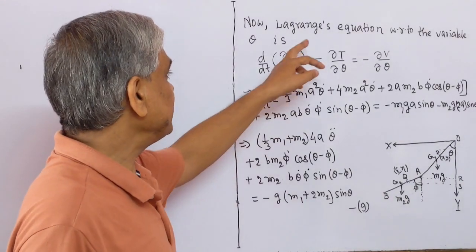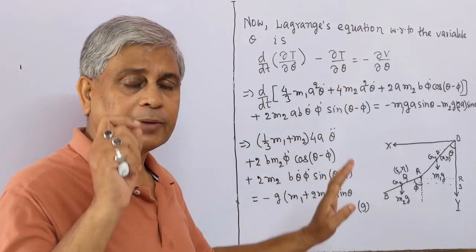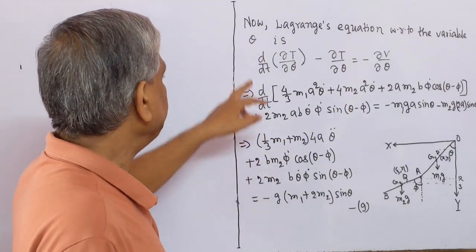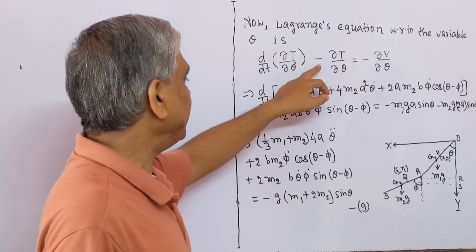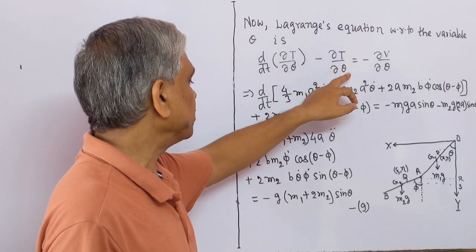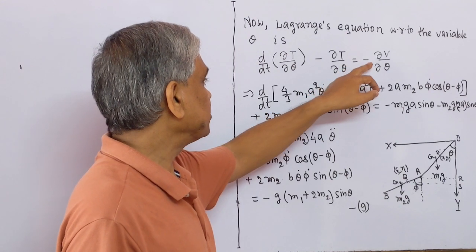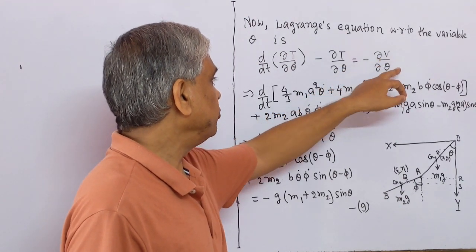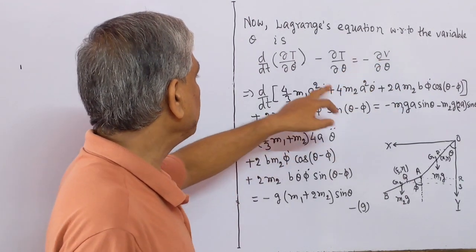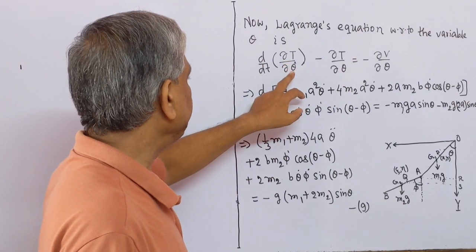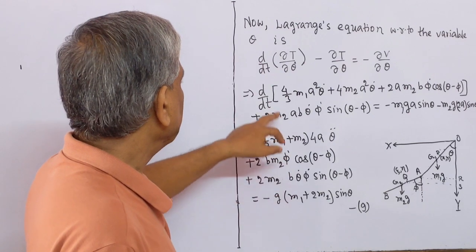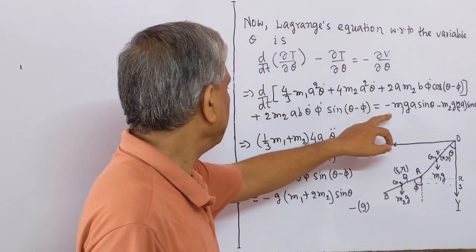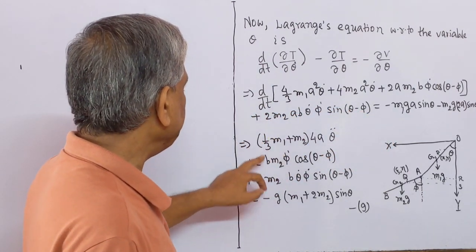Now Lagrange's equation with respect to the variable theta will be d by dt of the partial derivative of T with respect to theta dot, minus the partial derivative of T with respect to theta, equals minus the partial derivative of V with respect to theta. We put the values of these, and after calculation we get equation number 9.